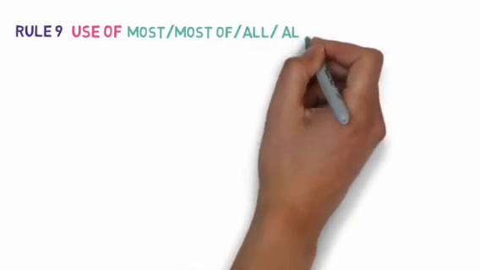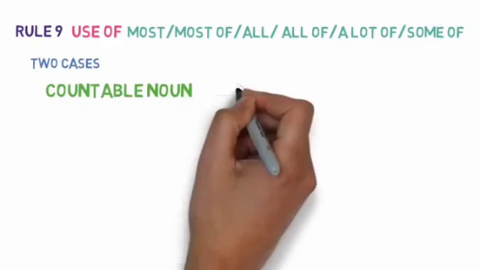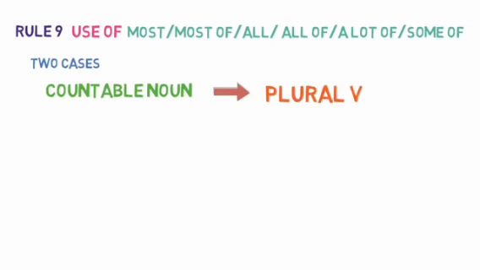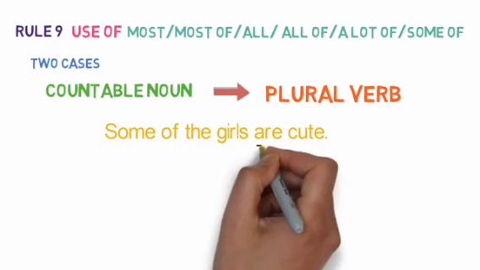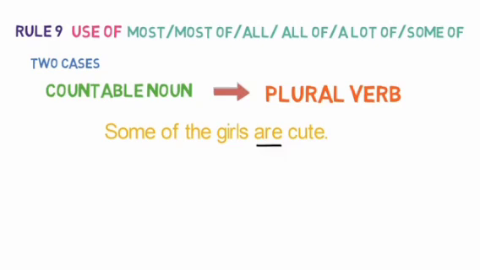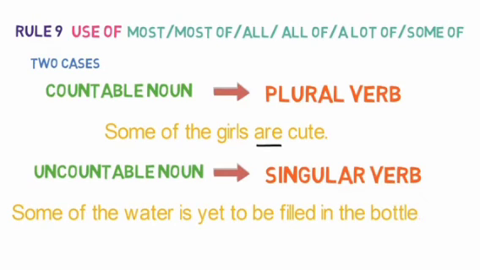The next rule is used most. When you use most of, all of, a lot of, some of in a sentence, there are two different uses. If you use it with a countable noun, then use a plural verb. Some of the girls are cute. The girls are countable. But when it's used with an uncountable noun, use a singular verb. Some of the water is yet to be filled in the bottle.